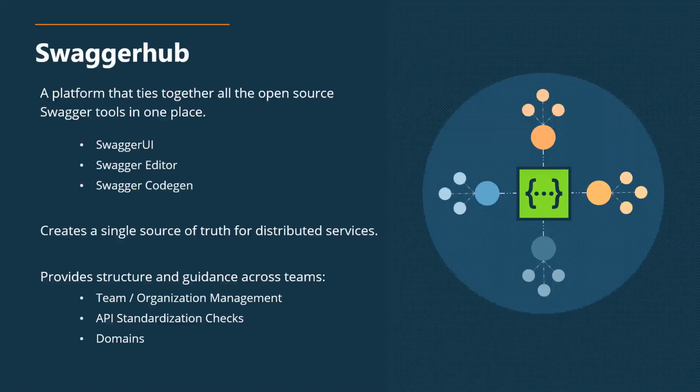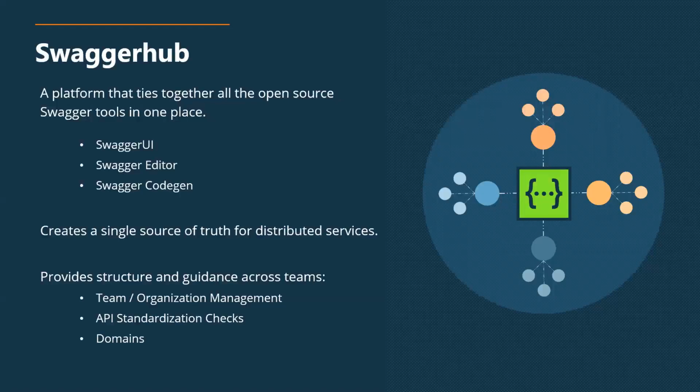We have Swagger Editor, a code editor which allows you to create that definition. And then we have Swagger CodeGen, which is used to generate server stubs, client SDKs, or definitions from that API definition. So we have those three open source tools.